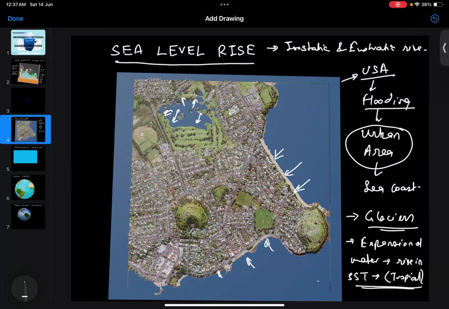Apart from this, we can talk about the special vulnerable regions. One case which was previously discussed was Indonesia, where the capital was being moved from Jakarta. So this is one part where we are saying that it is resulting in catastrophic conditions in future, because the sea level rise can take place by almost 0.29 meters by 2100 because of the melting of glaciers and the expansion of water due to heat.